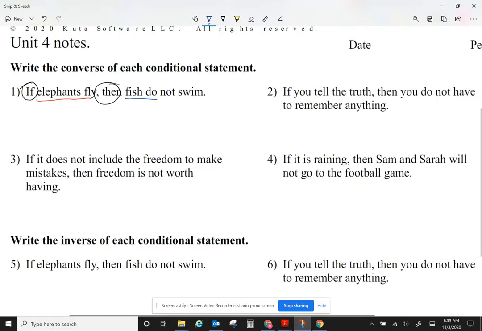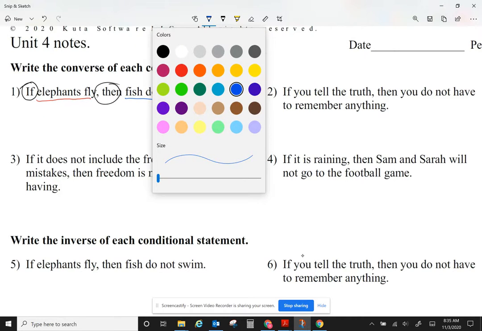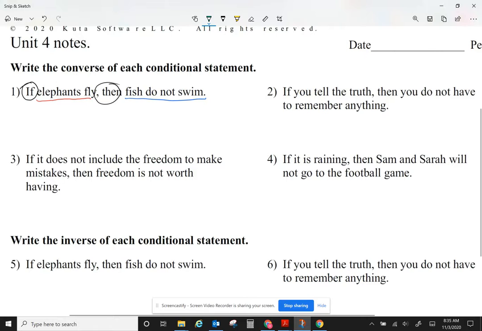The then part is what we call the conclusion. Now, for the homework for today, we're going to have to write the converse. The converse of a conditional statement is where the hypothesis and the conclusion switch places. The hypothesis becomes the conclusion, and the conclusion becomes the hypothesis.